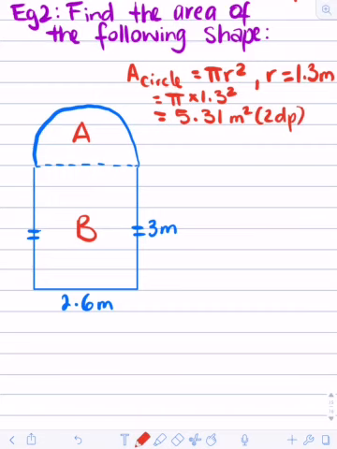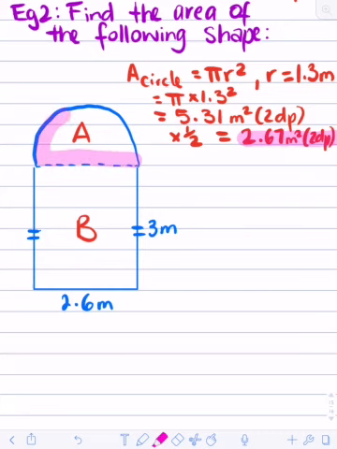But because we have half a circle in shape A, we only want to times that by half or divide it by 2 to get 5.31 times a half equals 2.67. 2.67 meters squared, and again 2 dp. Now I'm going to highlight this or use a highlighting color to say, okay, that there is this shape here. Just that section there. That is shape A as 2.67.